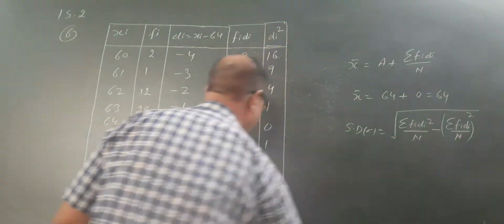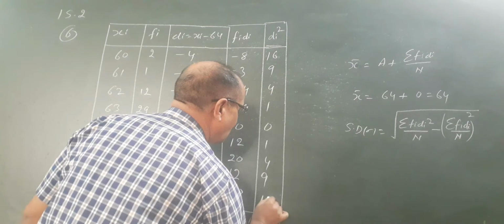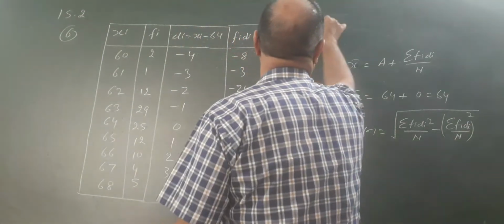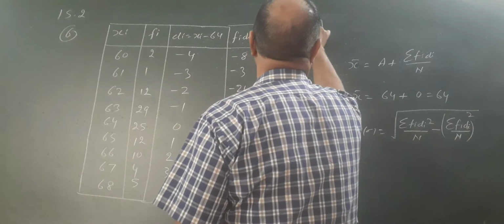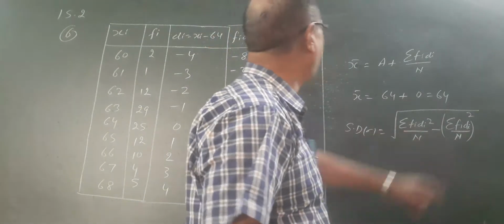Then after writing di square, the next column is fi di square, because we need fi di square.